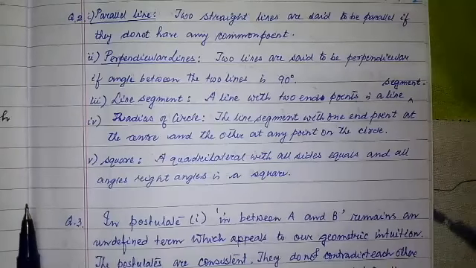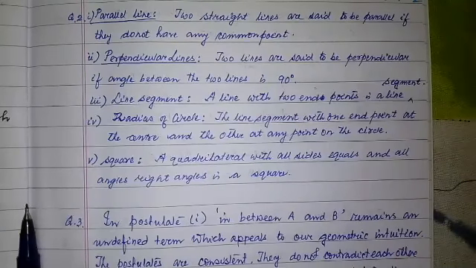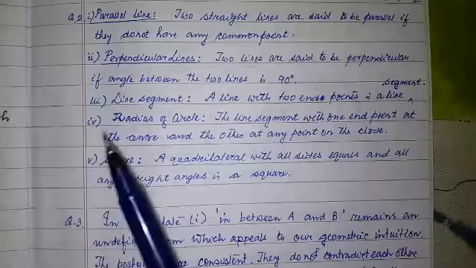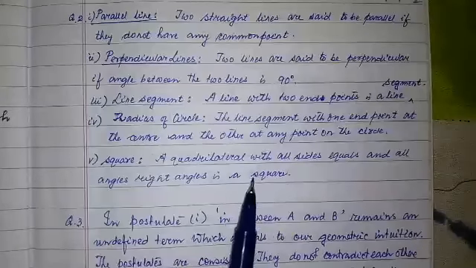Next, perpendicular lines. Two lines are said to be perpendicular if the angle between the two lines is 90 degrees. Next, third, line segment. Now what is a line segment?